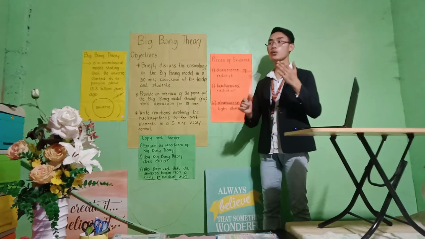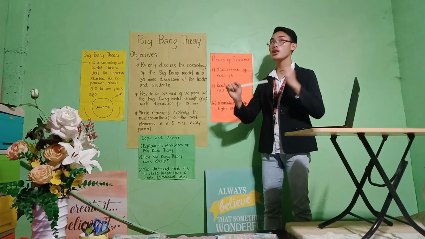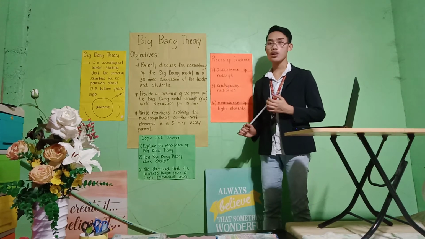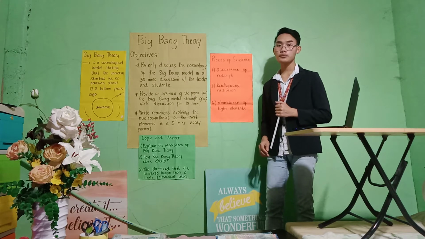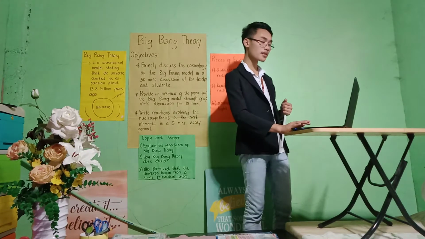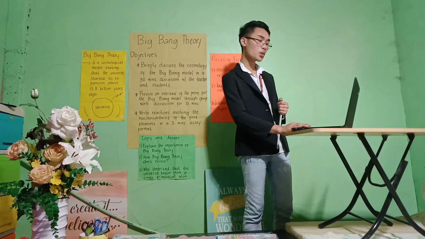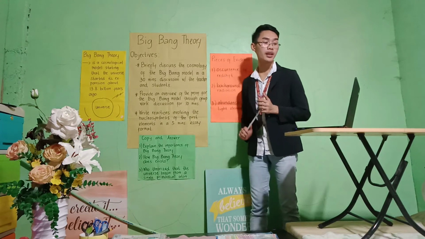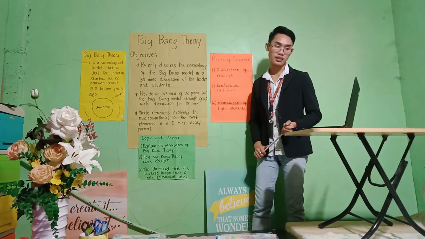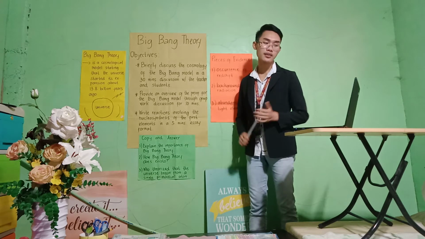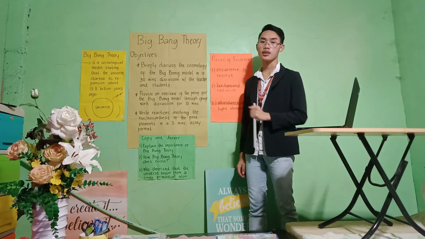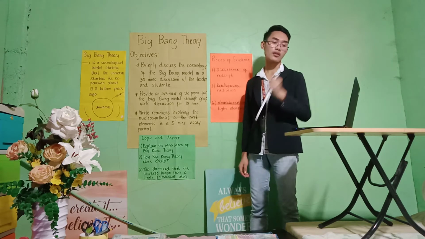I will be scoring you by our criteria. Next, group 2, you will write reactions involving the nucleosynthesis of the first elements in a 5 minute essay format and present it in front of the class. You get it? Yes, sir. Okay, thank you so much.